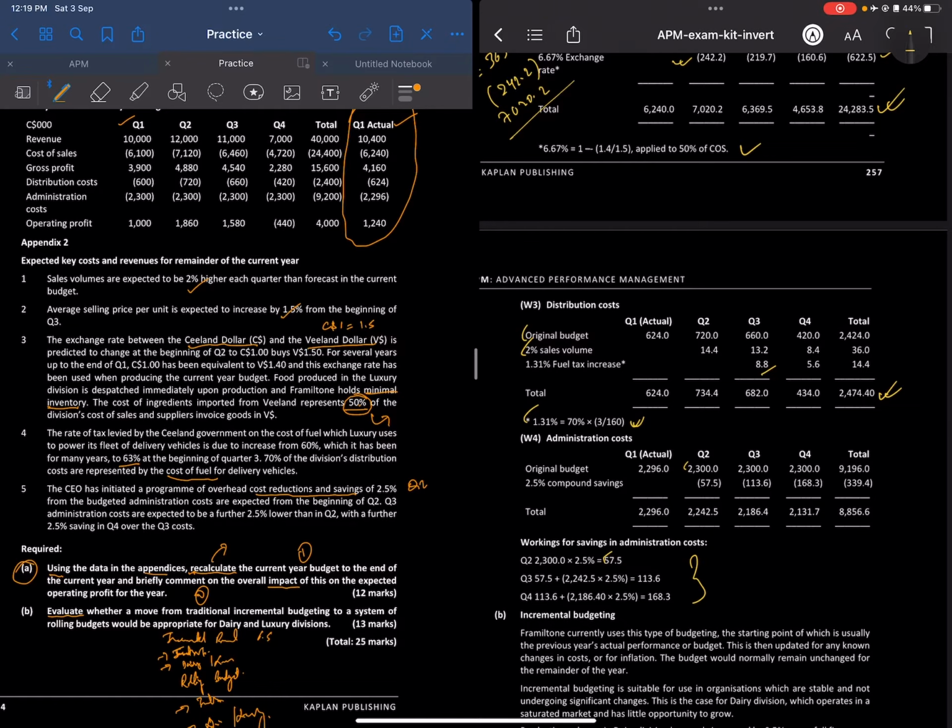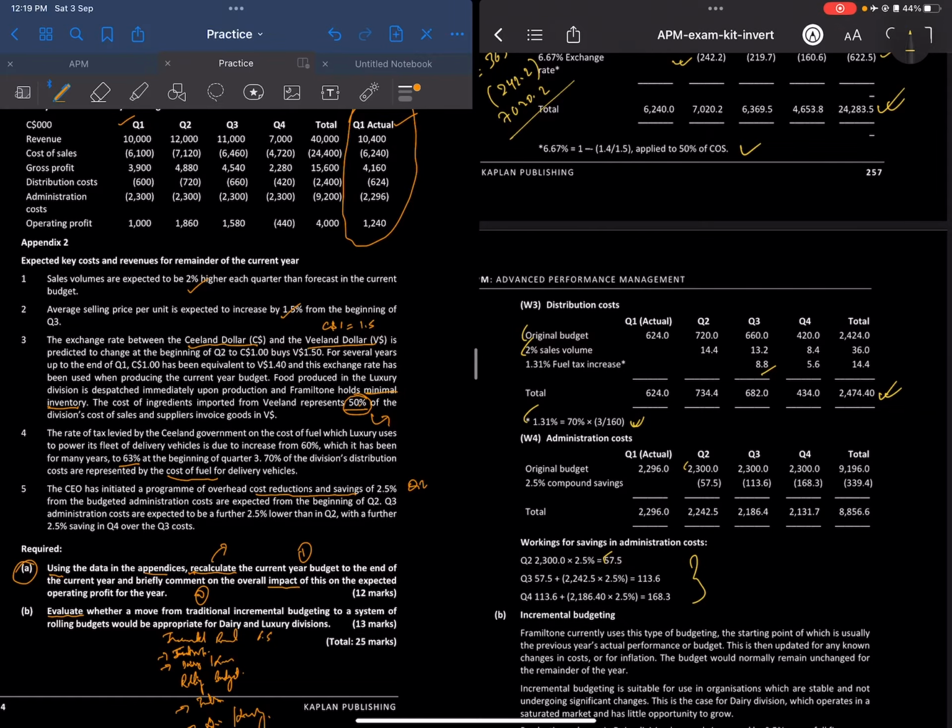So 57.5 plus your 240, plus this figure, whatever your total thing is, right? So you could just do that. So 57.5 plus your 242.5 times 2.5% will give us a savings of that much, 113.6.